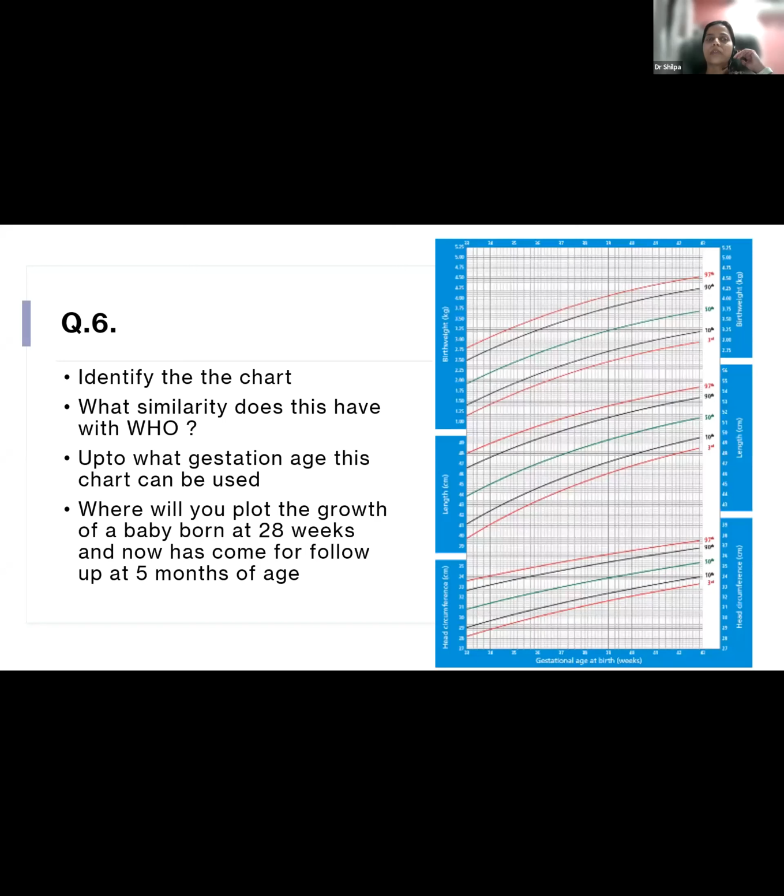Okay, so identify this chart. And how is it similar to WHO? And up to what gestation age can this chart be used?